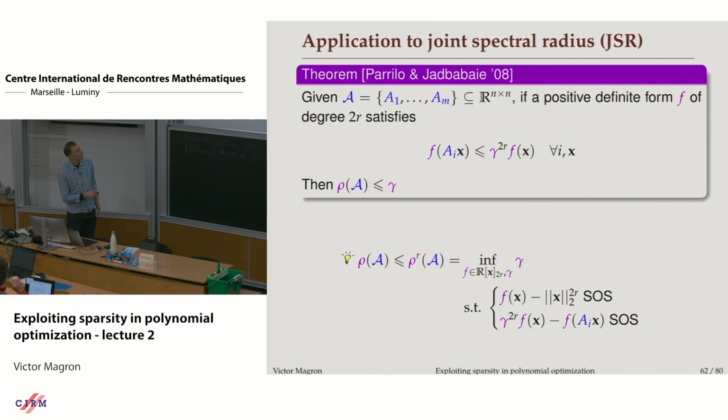And there is one way to enforce that f is positive definite. Positive definite means that it is a homogeneous polynomial which is positive if x is not 0. But then you can simply enforce that by saying that f is greater than the power of the norm with the right degree. So it will enforce f to be in the interior of the SOS cone.